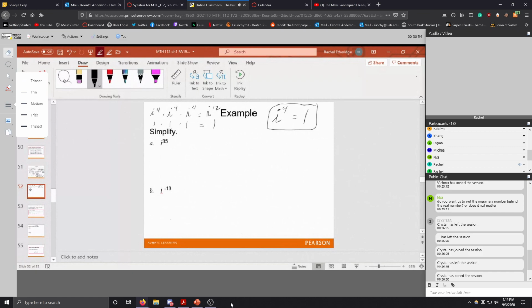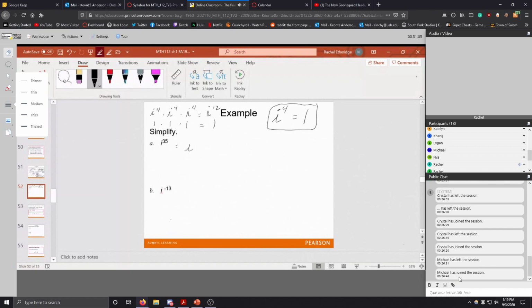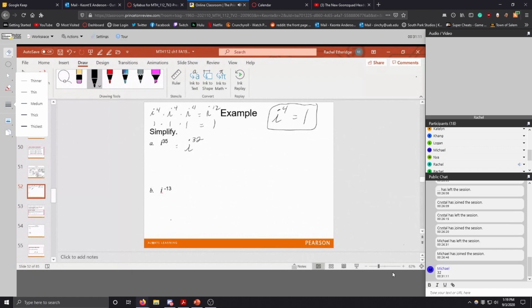So I want to think about the next lower number than 35. What's the next lower number that 4 will go into? Well, hope everybody's saying to yourself 32. So I'm going to write i to the 32 times i to the third.